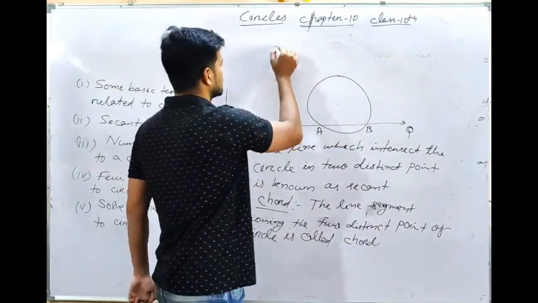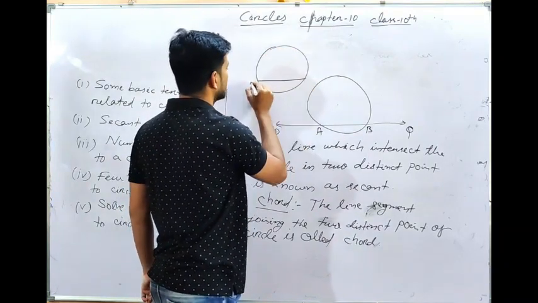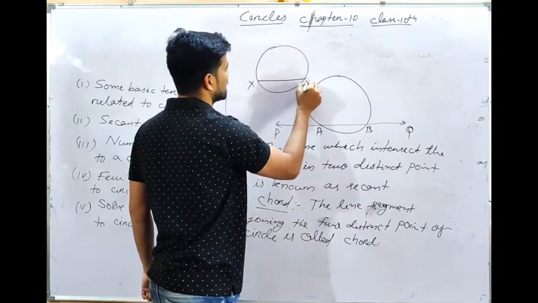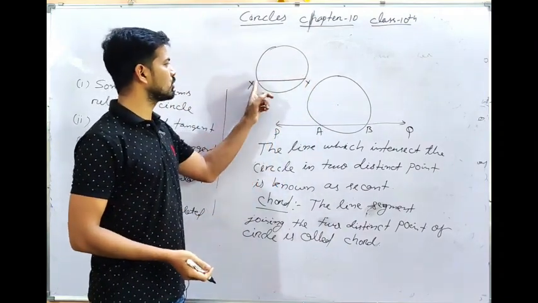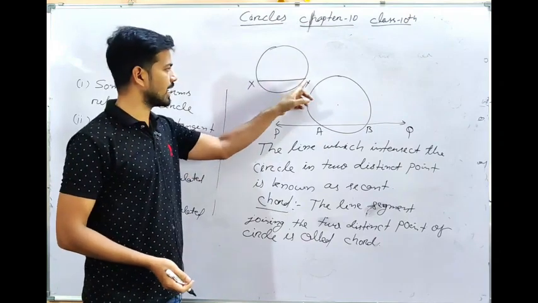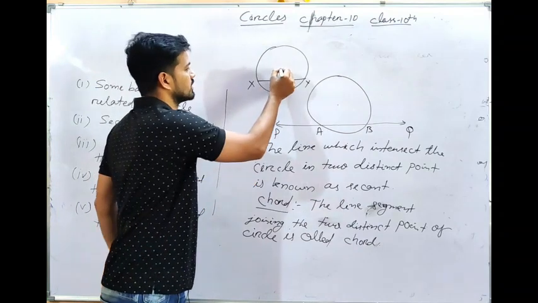So suppose this is a circle and this is a line XY. You can notice that the line joining two distinct points X and Y is known as our chord.